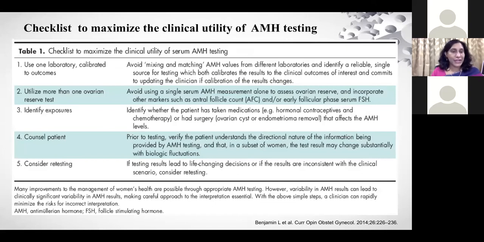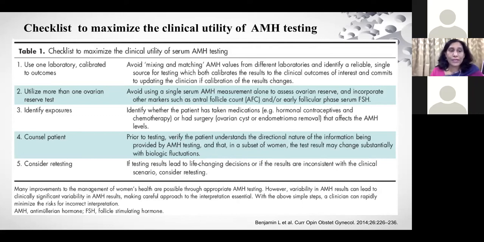nicely put in this checklist, point number 1 is: use one lab, calibrated to outcomes. Avoid mixing and matching of AMH values from different labs and identify a reliable single source for testing, which both calibrates the results to the clinical outcome of interest and commits to updating the clinician if calibration of the result changes.